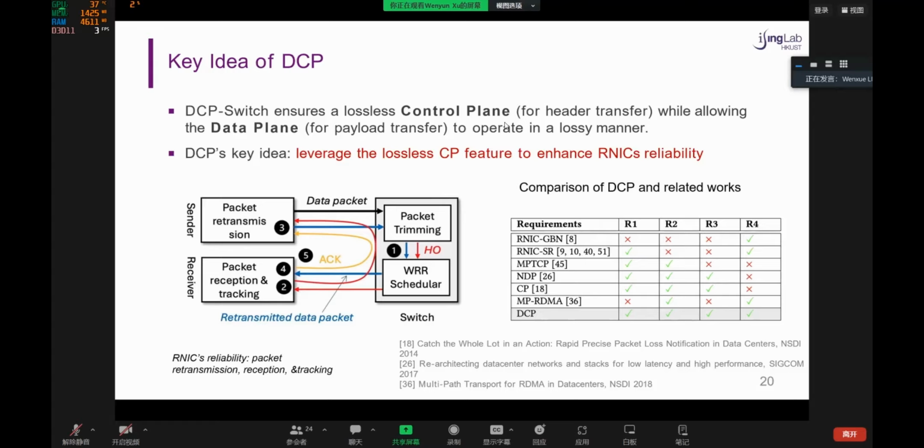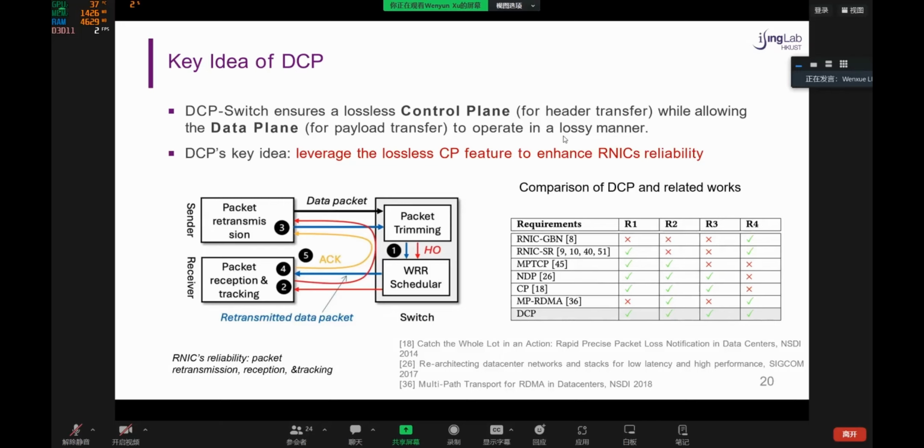So when the RNIC receives the head-only packet, it can get some metadata from the HO's fields and directly write this metadata into the retransmission queue in the host. When the RNIC enters the transmission state, it can fetch retransmission entries from the retransmission queue and execute the retransmission process.